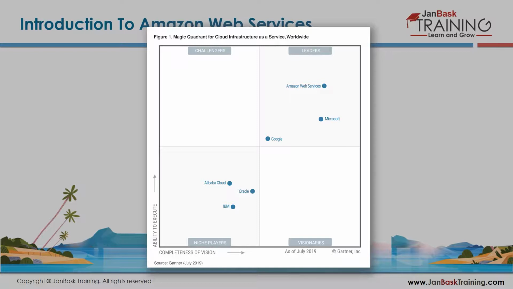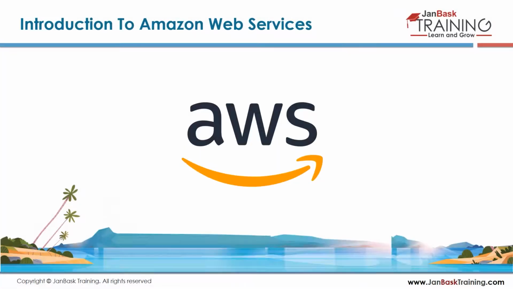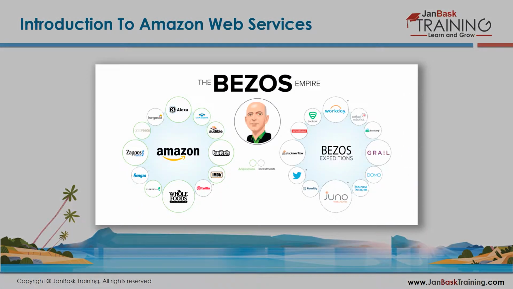Amazon actually loses money on online shopping. If they didn't have AWS, they'd be out of business by now. If you look at Jeff Bezos' empire, Amazon is right there in the middle of it. Of all these companies, 80% are actually losing money.